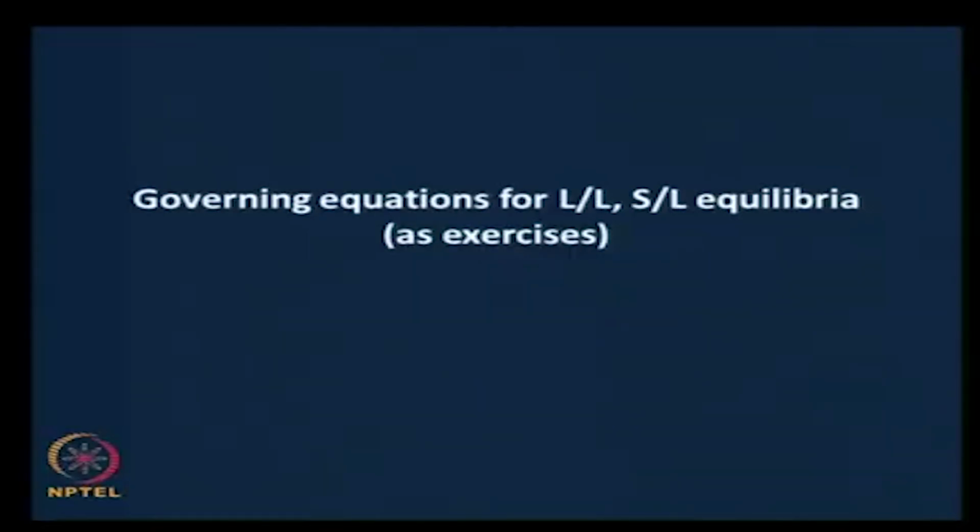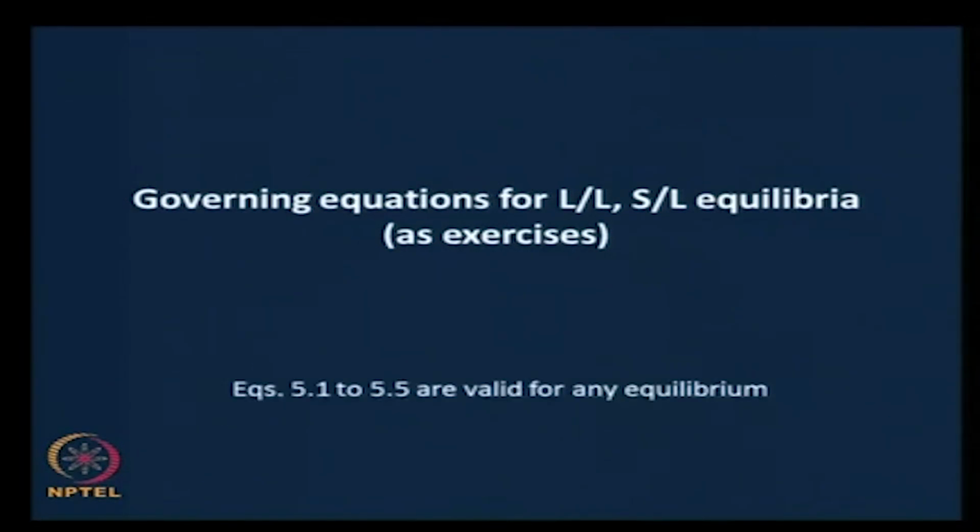What I would like you to remember when you are developing these governing equations for liquid liquid and solid liquid equilibria is the fact that equations 5.1 to 5.5 and further, we had stopped at 5.5.